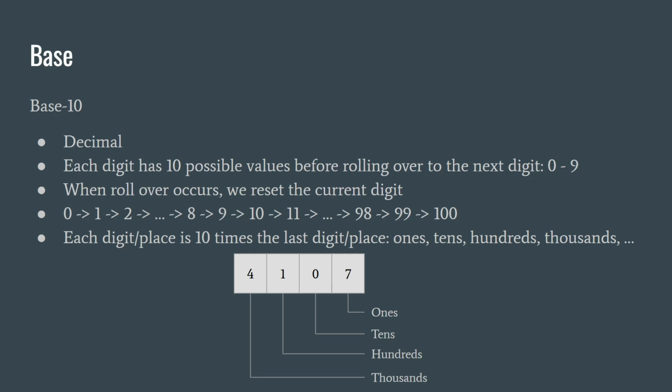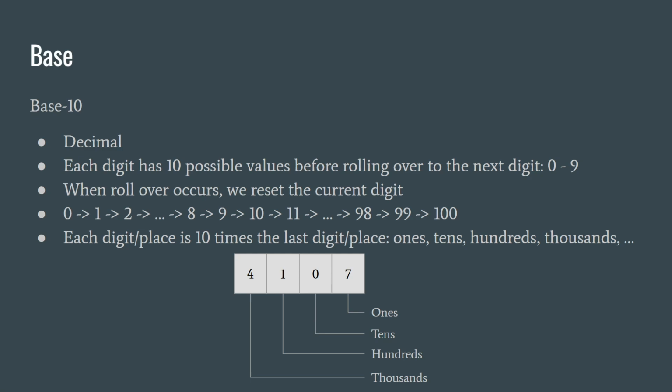So what does base 10 mean? It means that each digit of the number represents 10 possible values before rolling into the next digit. Those possible values are 0 through 9, and when you reach the 10th value, it rolls over to the next place. Obvious, right? You learn it in elementary school or even before.